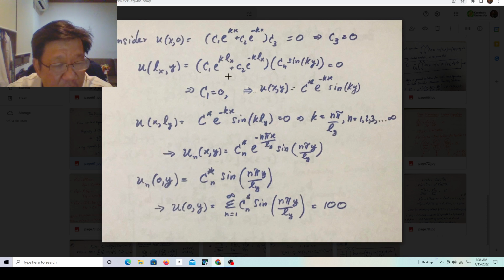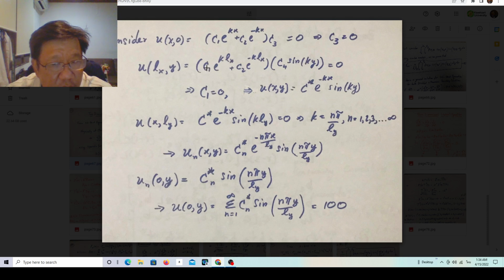When you take the limit of alphabet equal to infinity, by L'Hopital's rule, you see that this term vanishes. So this is the remaining term. If alphabet has a very large value, it is going to vanish. This condition is not going to be satisfied for all y unless c sub 1 is 0. So this condition leads you to the conclusion that c sub 1 must be 0 here.